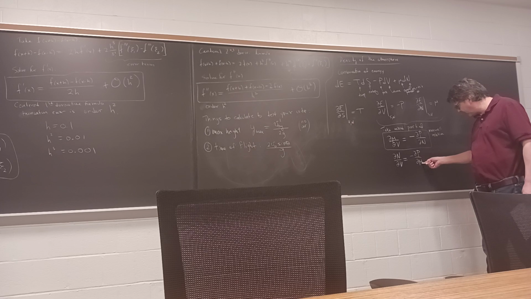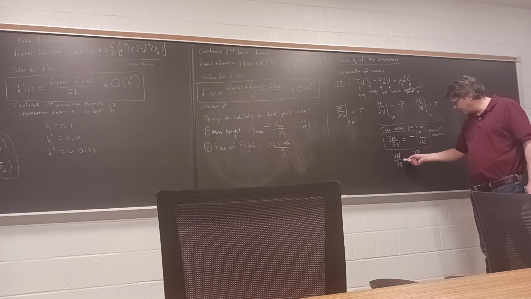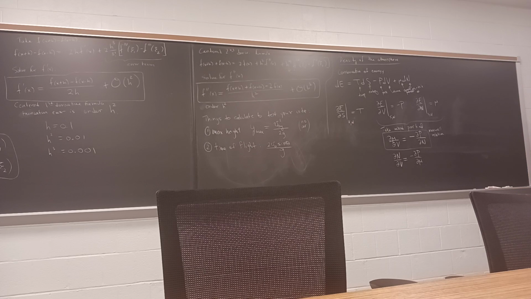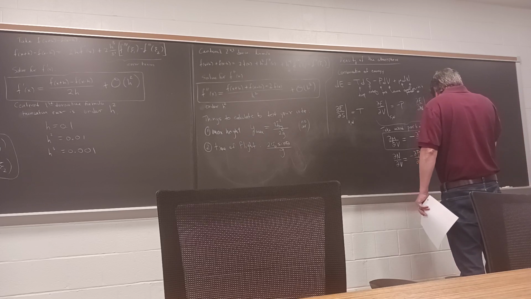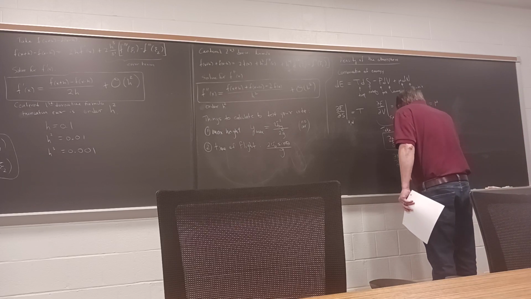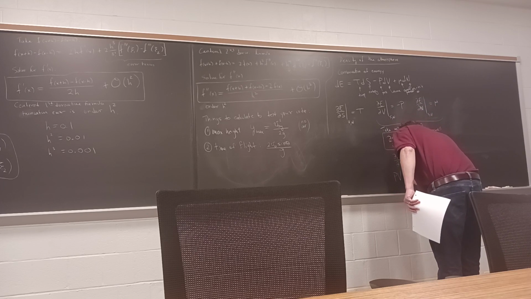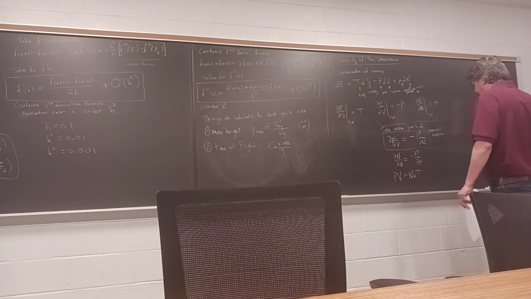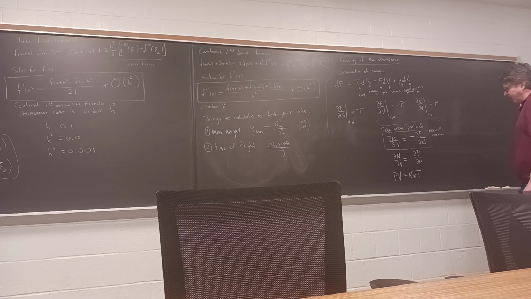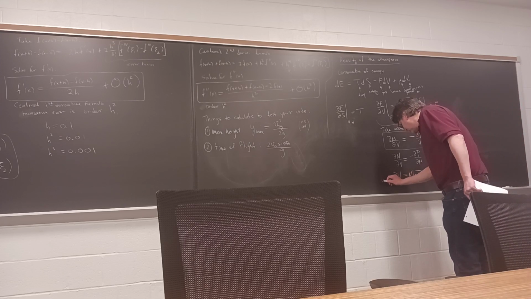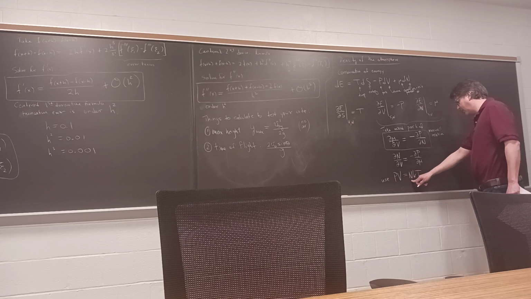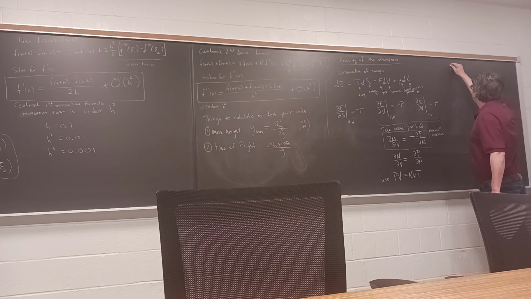Now we have a differential equation relating P and mu, but I need this relationship between N and V. So we can use the equation of state, PV is equal to N KT. Let's solve it for N, so N is equal to PV over KT.